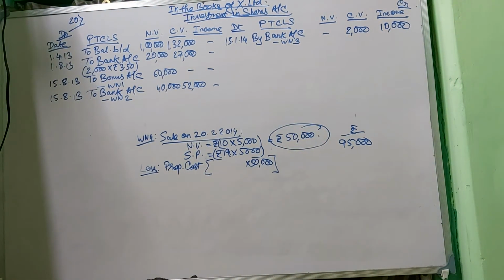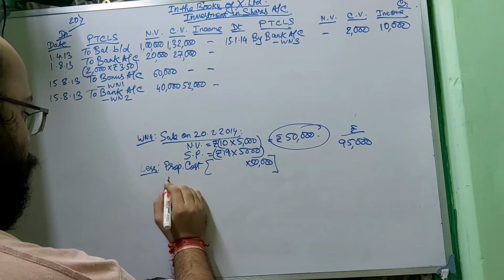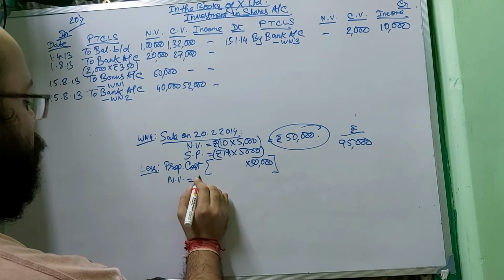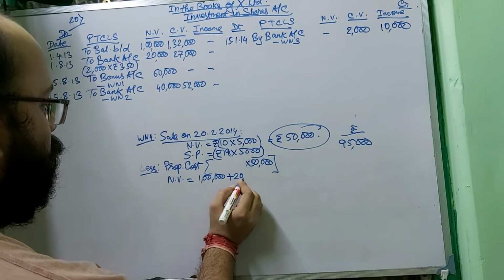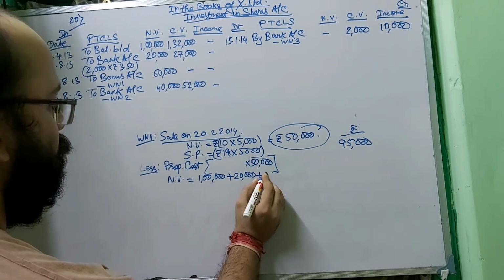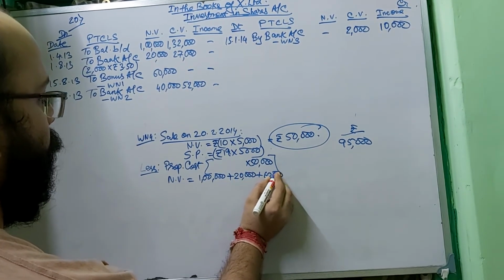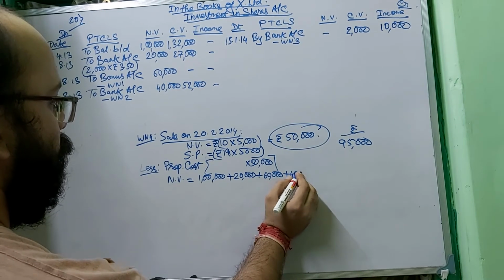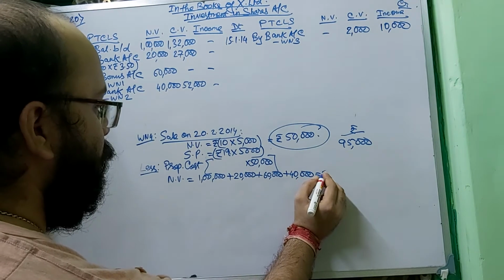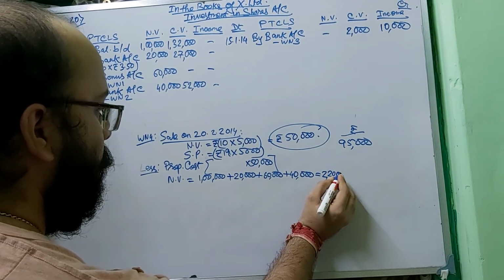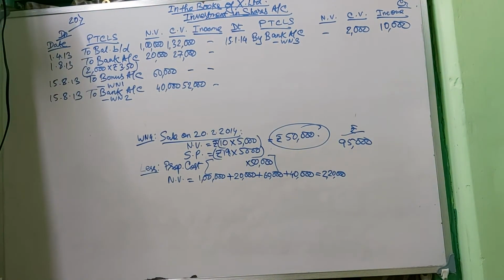Okay. So first is the nominal value. Calculate 1 lakh plus 20,000 plus 60,000 plus 40,000. It is 2 lakh 20. It is coming to 2 lakh 20, the nominal value.